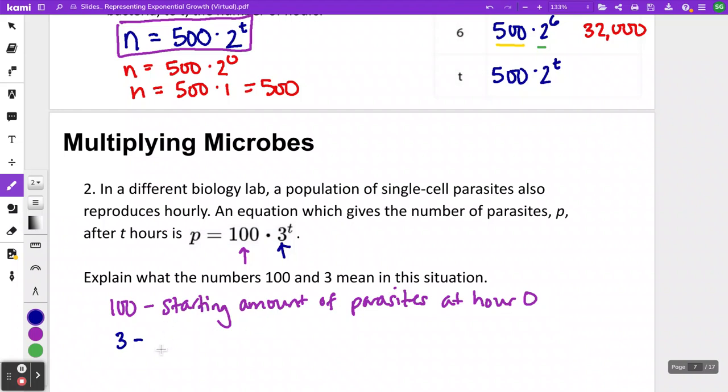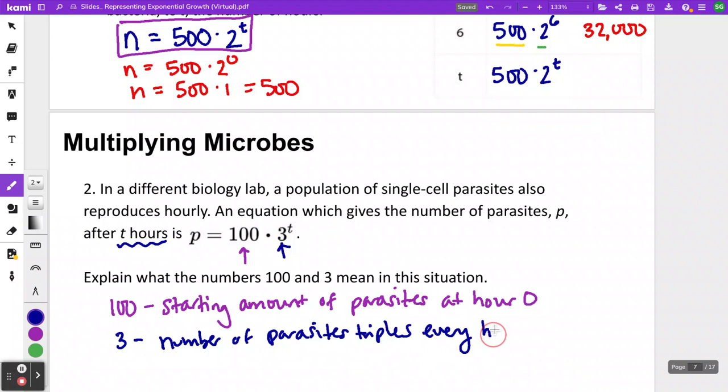So I can say the 3 tells me that the number of parasites triples. I don't want to stop there, because does it triple just once? Does it triple every second? I need to think about how often it does it, and it's going to be the number of parasites triples every hour. So if I go from hour 0 to hour 1, I've multiplied by 3 because that's tripling every hour. And remember, that word triple means you're multiplying by 3.